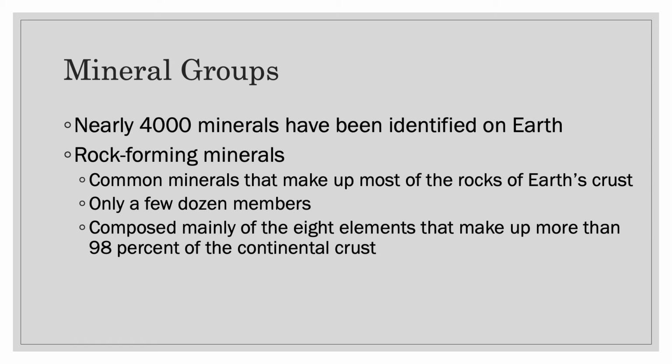So hopefully you're all a little bit less intimidated now that I'm saying that there are only a few dozen of these minerals, and that there are only 8 elements from the periodic table that make up more than 98% of the continental crust.